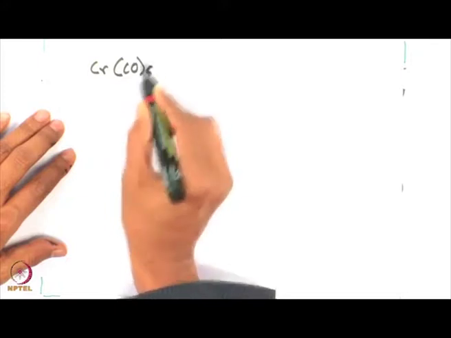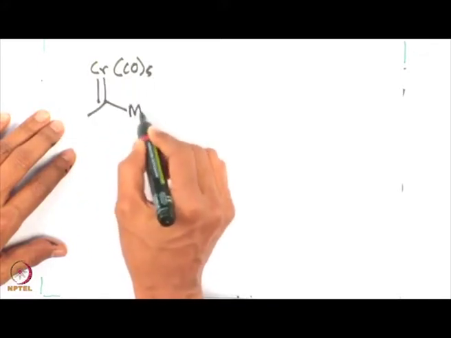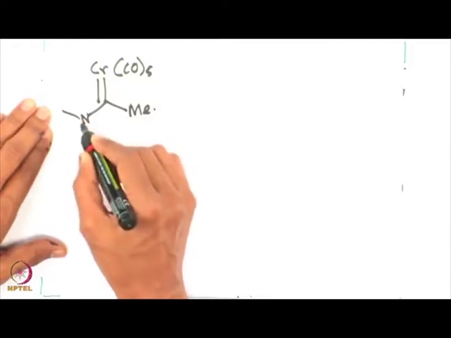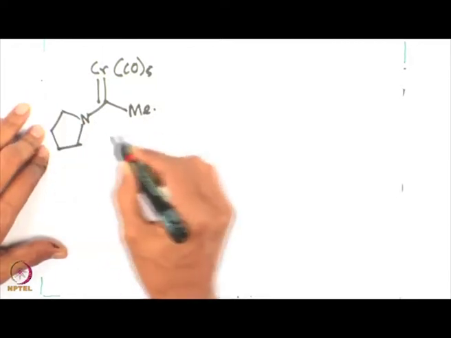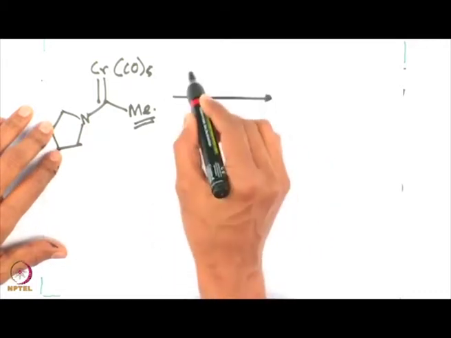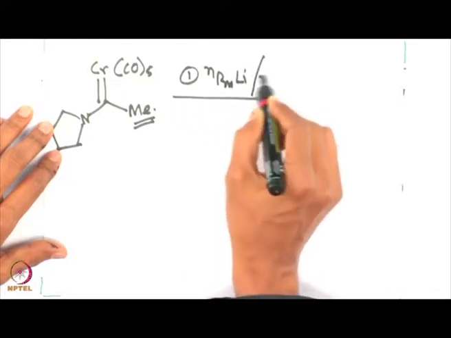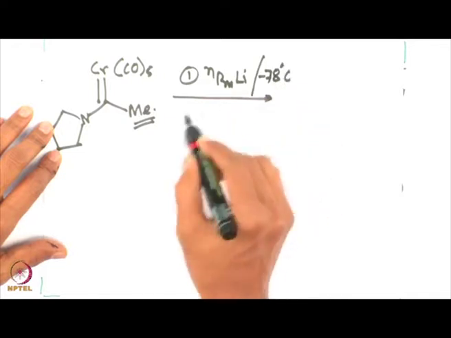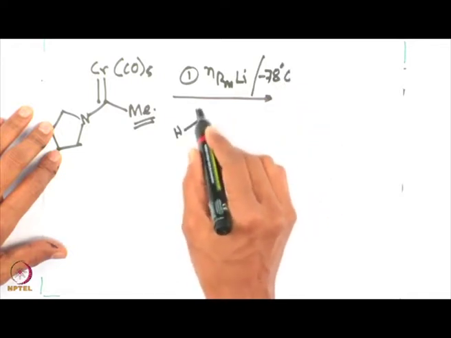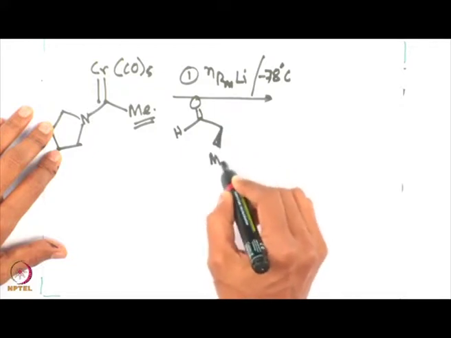The chromium pentacarbonyl reagent we have, and then it is reacting with the methyl counterpart. Now, this is the one where we have seen the acidity is quite good, and if you have n-butyllithium at even minus 70-80 degrees C and you are interested in reacting with an aldehyde, we are doing an aldol reaction.